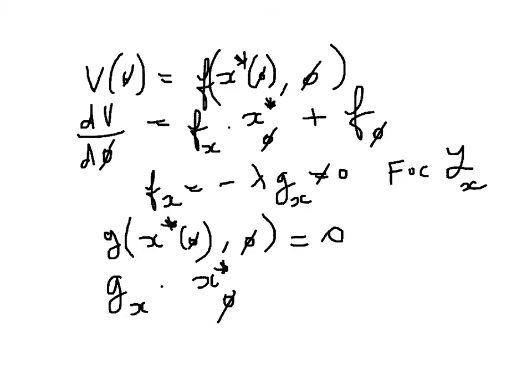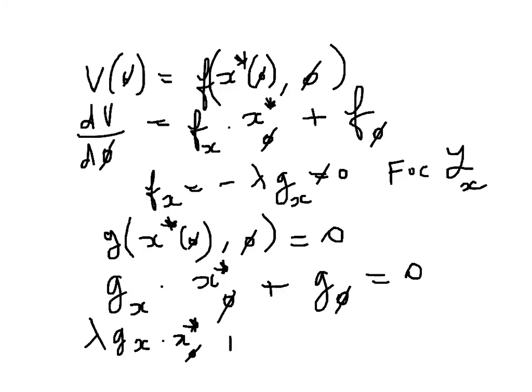This is chain rule again, plus partial derivative of g with respect to phi equal to 0. And we can multiply both sides by lambda, so you would get this. Okay. Now I'm going to call this first equation up here equation number 1, and the second equation here equation number 2.